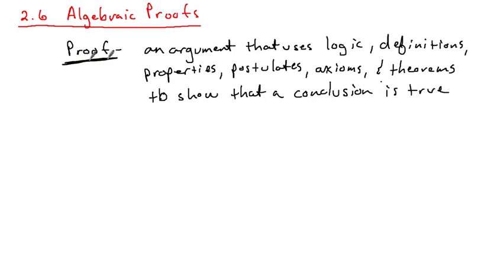Okay, so that's the formal definition of a proof. Now, you don't have to recite that or be able to reproduce that. You just need to know that a proof shows that a conclusion is true.